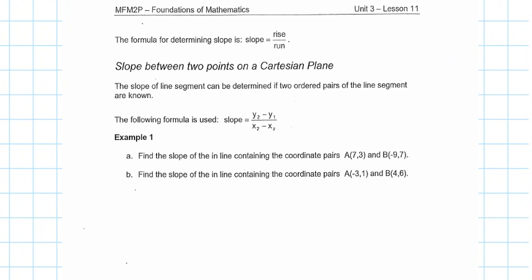If I have 2 points and I want to find the slope of a line using these 2 points, there is another formula that I can use other than rise over run, and the formula is y2 minus y1 over x2 minus x1. So this is the formula to find the slope when 2 points are given to me.